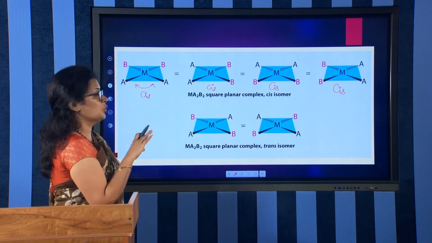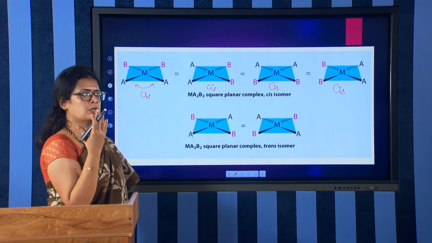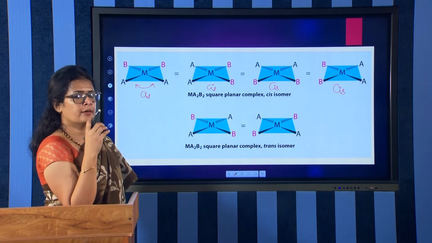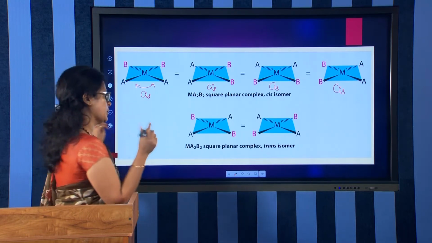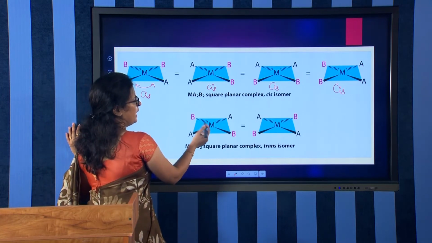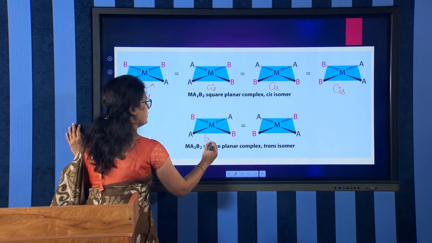Now coming to the other, trans form. How do we call a coordination compound a trans form? When the similar groups are in the opposite position. See the example, B and B opposite, A and A opposite. It is called a trans isomer.